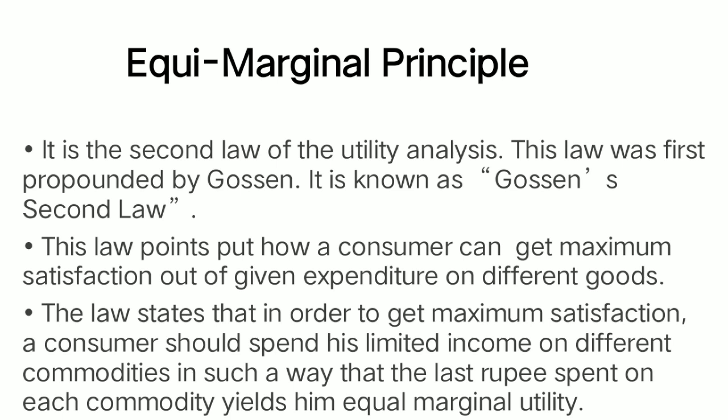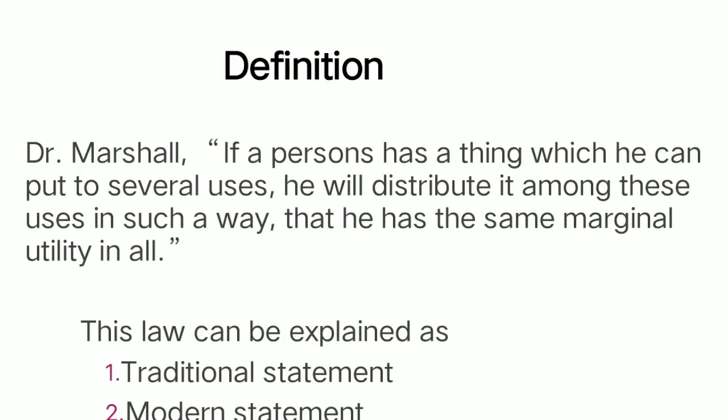The law states that in order to get maximum satisfaction, a consumer should spend his limited income on different commodities in such a way that the last rupee spent on each commodity yields him equal marginal utility. According to Dr. Marshall, if a person has a thing which he can put to several uses, he will distribute it among these uses in such a way that he has the same marginal utility in all.